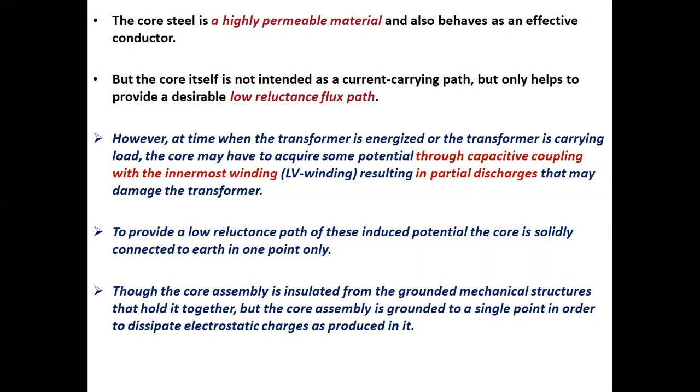To provide a low reluctance path for these induced potentials, the core is solidly connected to earth at one point only. Though the core assembly is insulated from the grounded mechanical structures that hold it together, it is grounded at a single point in order to dissipate electrostatic charges produced in it.